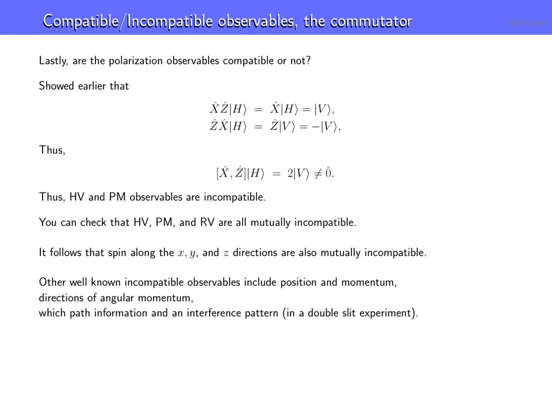If you have which-path information, you do not have an interference pattern and vice versa. There, it's a little bit more gray. Well, actually, position and momentum and which-path information, it's kind of a scale. It's not either yes or no completely. Because here, if you know HV completely, you have no idea what it is in the other one. Here, it's like there's a trade-off between the two, between position and momentum and between which-path information and interference pattern. We'll get to that in a later lecture.